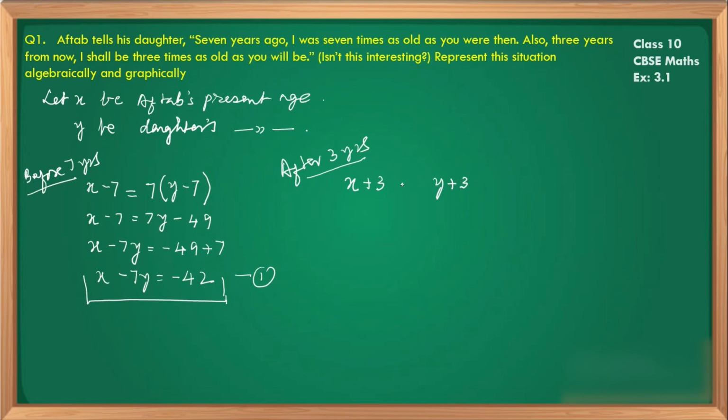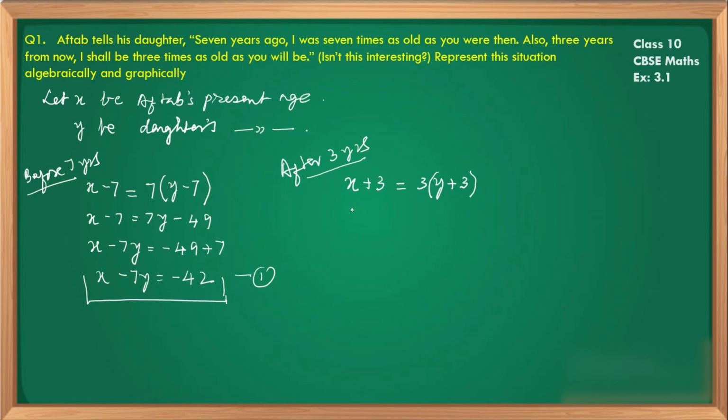And again, they have given in the question, he will be 3 times as old as daughter. So you have to make an equation like this. Aftab will be x plus 3 after 3 years and daughter will be y plus 3 and Aftab will be 3 times daughter's age. This is how you have to make an equation.